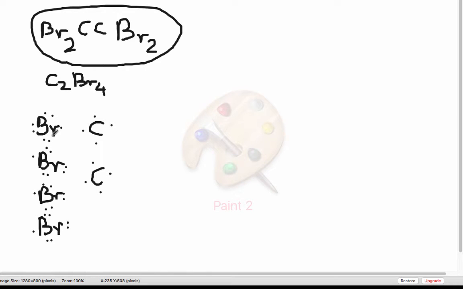We know that the bromines will want 1 valence electron to share with the carbon to make a filled outer shell of 8. So they're only ever going to make single covalent bonds. So we'll draw those in first. Here's our carbon. It's going to have single covalent bonds to each of the bromines. And then you draw their lone electrons in.